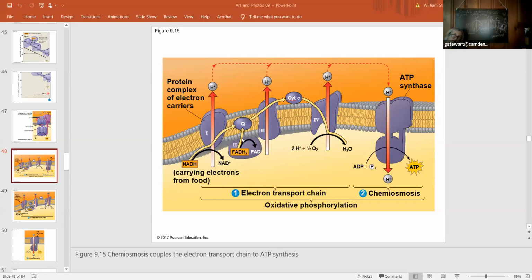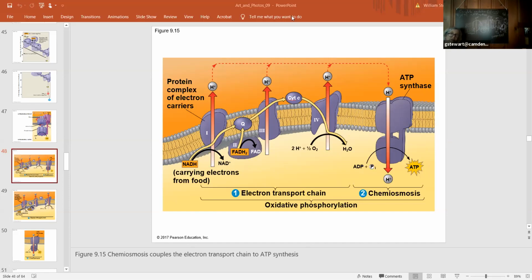Because it comes here at the second group and drops off its electrons at Q, essentially, these protons are not pumped when FADH2 comes. So we're short fuel for ATP synthase. So a single FADH2 has lower potential energy and will only produce 2 ATP.